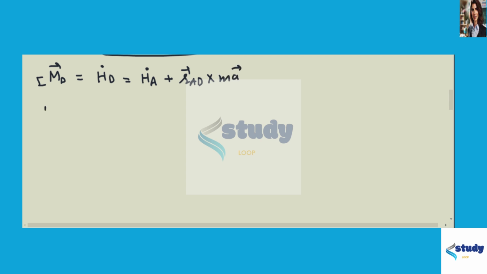This will be MO j cap plus 2B j cap cross CX i cap plus CZ k cap, which must be equal to HA. HA we have already calculated: mr square by 2 omega 1 omega 2.